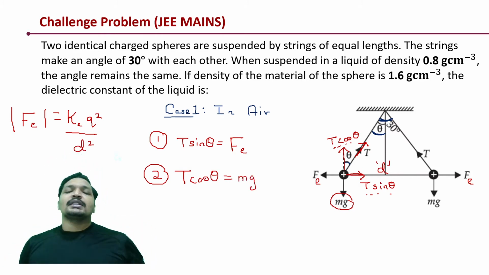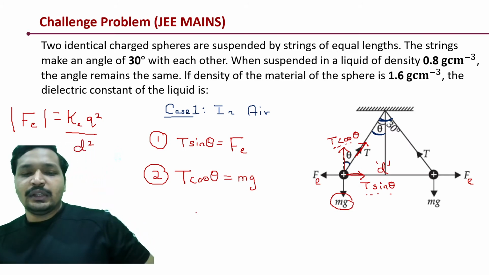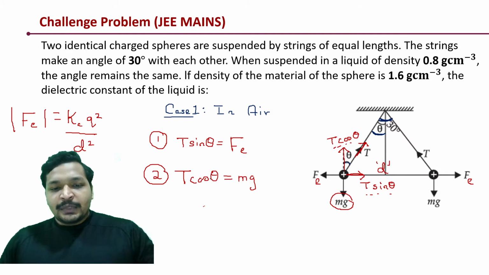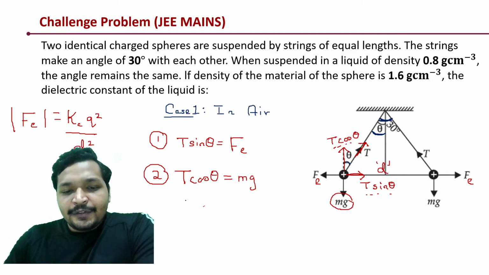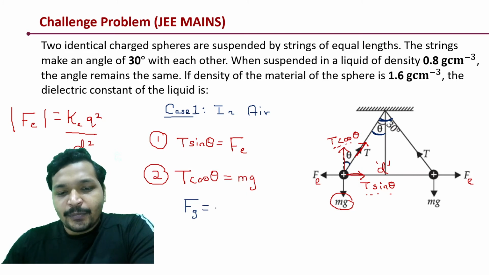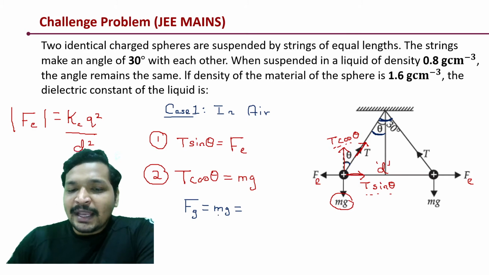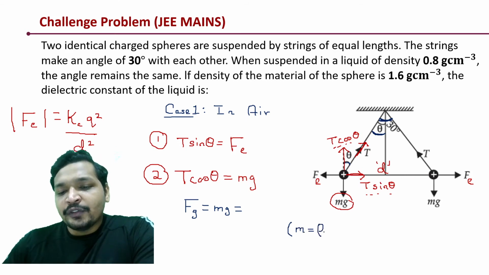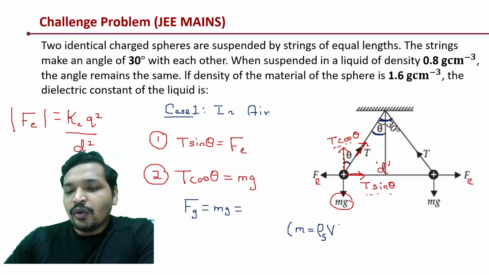Now let's understand one more important thing around this. We know that Fg, the weight, is mg, which is nothing but, if I express this mass, how do we express this mass? In terms of the density of that solid sphere into volume.